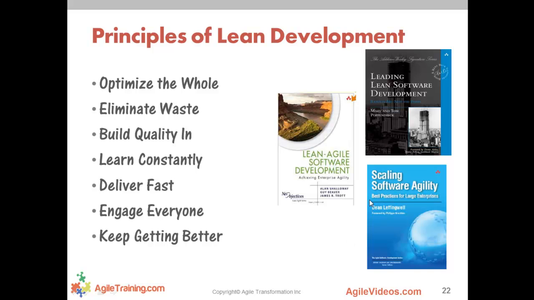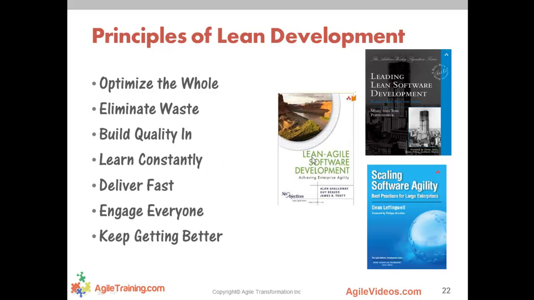There are some really awesome books out there that I thought, if you're interested, Mary Poppendieck and Tom, they really started the whole concept of lean software development. I like, obviously, Dean Leffingwell's got amazing content around scaling software agility and his scaling model, similar to the one that I just showed you right now with some differences.